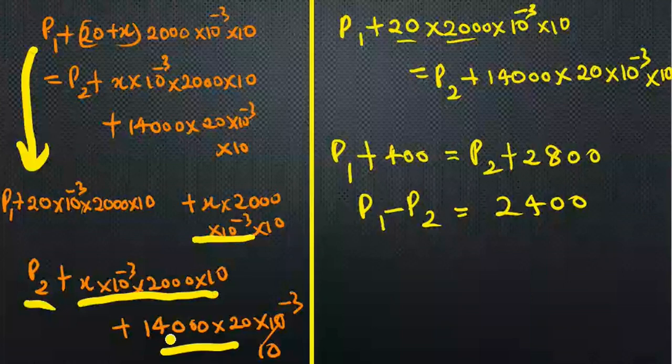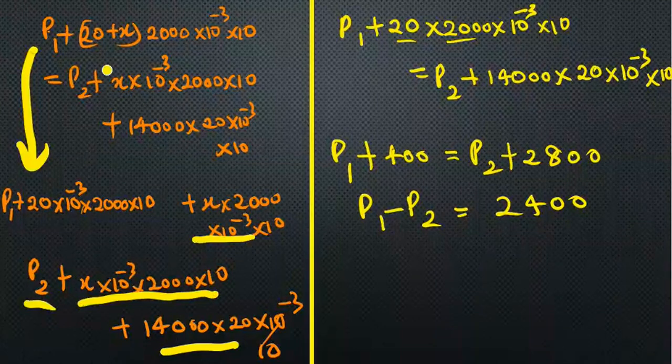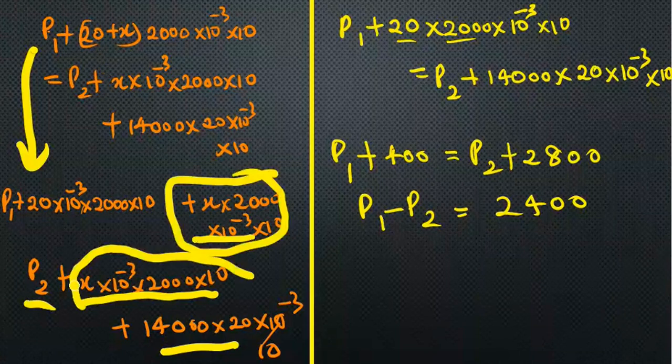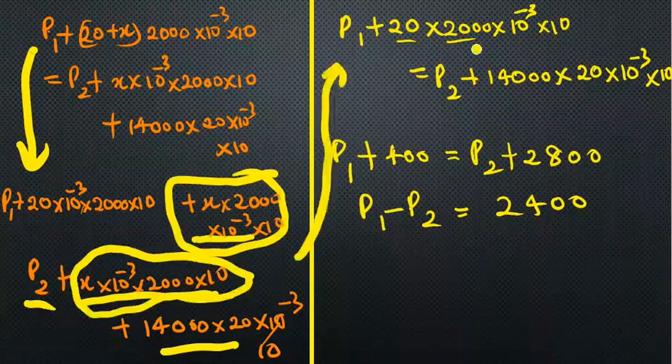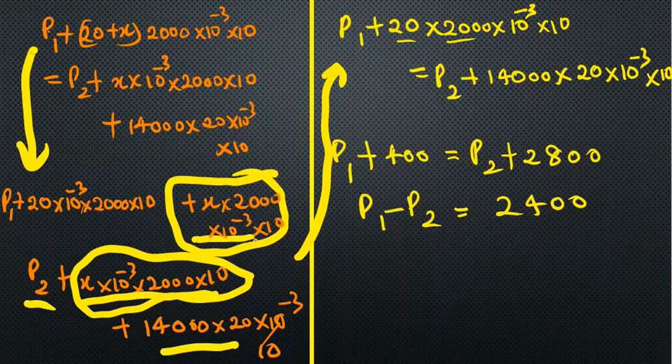When we equate these two, there are two terms that are equal: this value on the P1 side and this value on the P2 side, so we can cancel these two off. Then we get the equation P1 plus 20 into 2000 into 10 to the power minus 3 into 10 equals P2 plus 14,000 into this value. Simplifying further, we get P1 minus P2 equals 2400. Now we have a value.